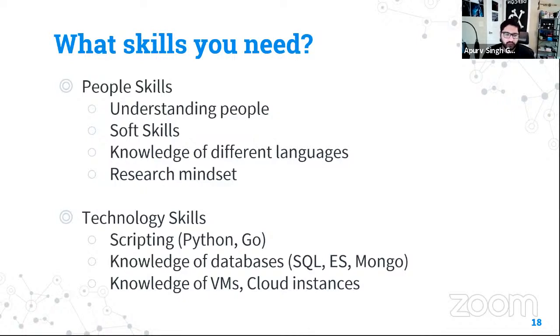Sometimes knowledge of different languages comes into play, which is not necessary all the time, but let's say you are talking to Russian threat actors, then obviously you don't want to use Google Translate or some other translator. You should know the Russian language so that you can talk to Russian actors. So sometimes knowledge of different languages comes into play.